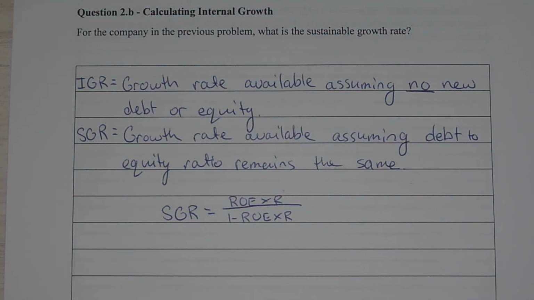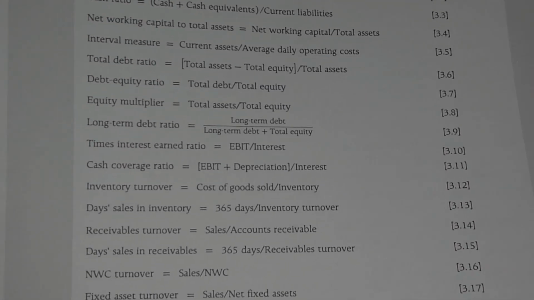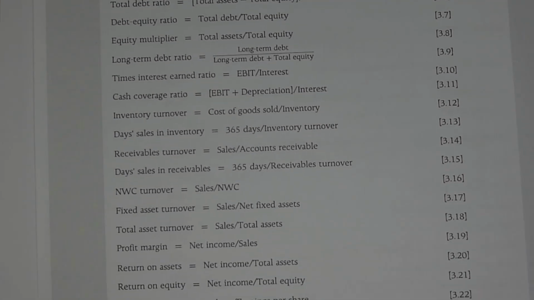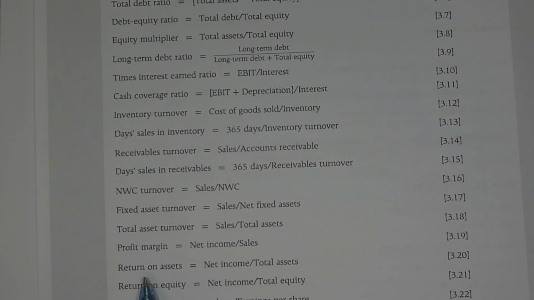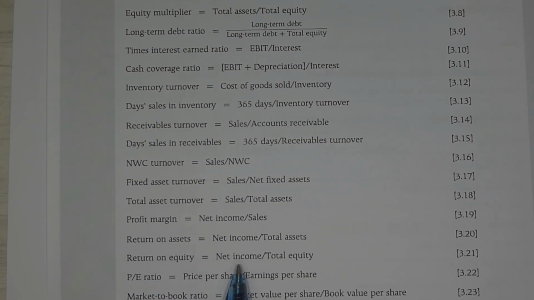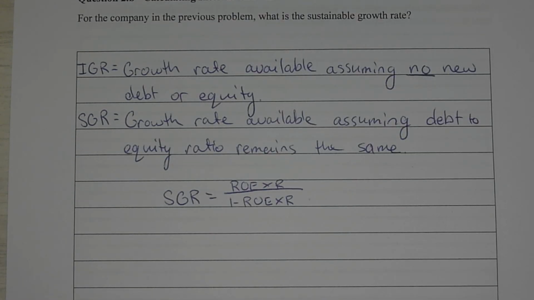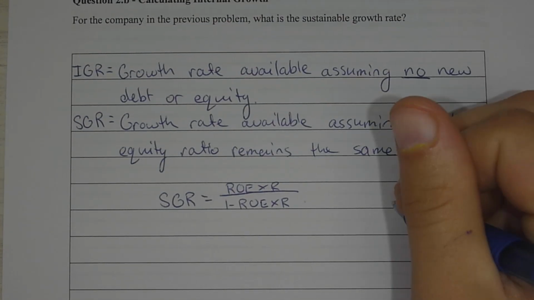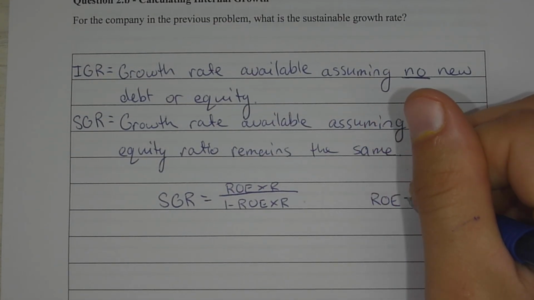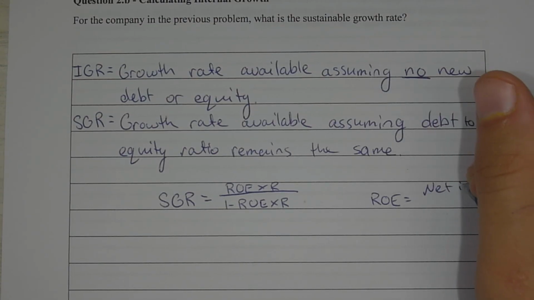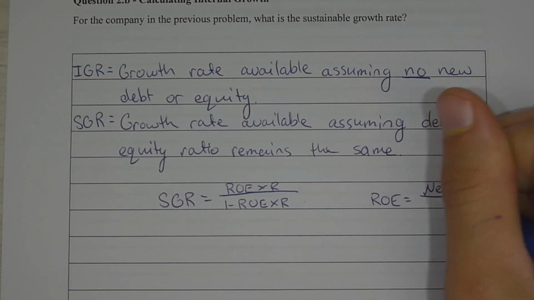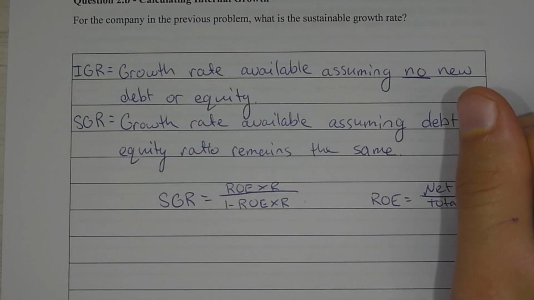So what is our ROE? We'll use this formula right here, our return on equity. Our return on equity equals net income divided by total equity. So ROE, our return on equity, equals net income divided by total equity.